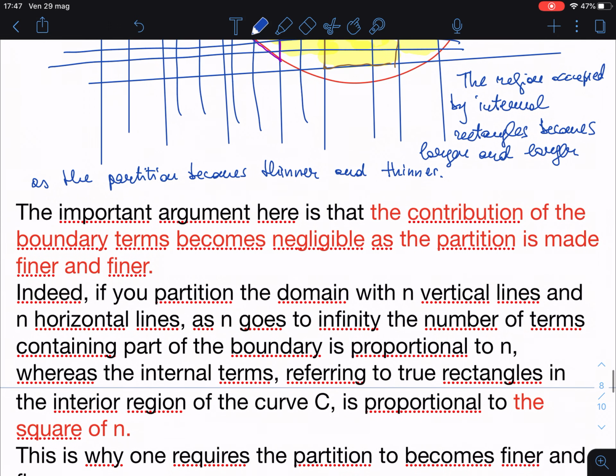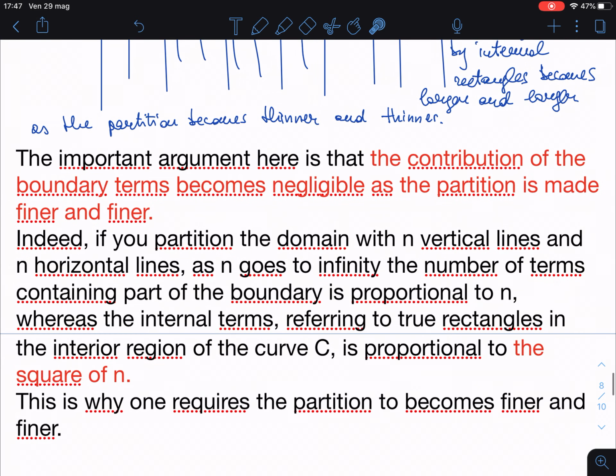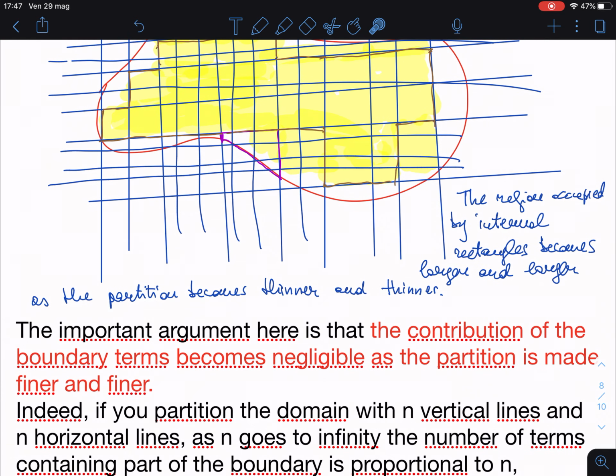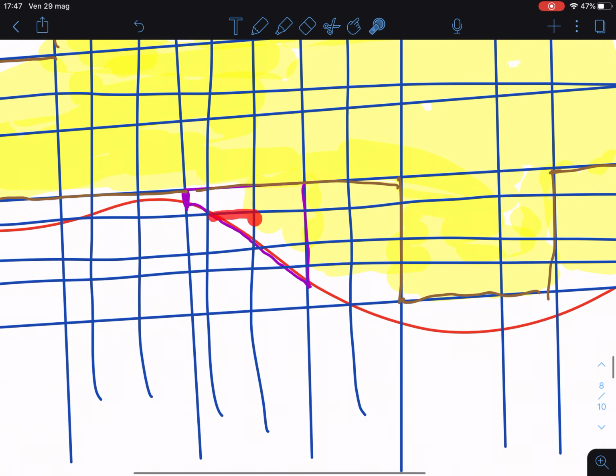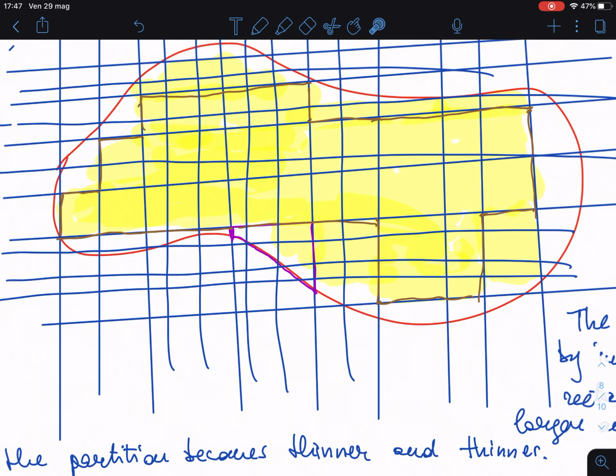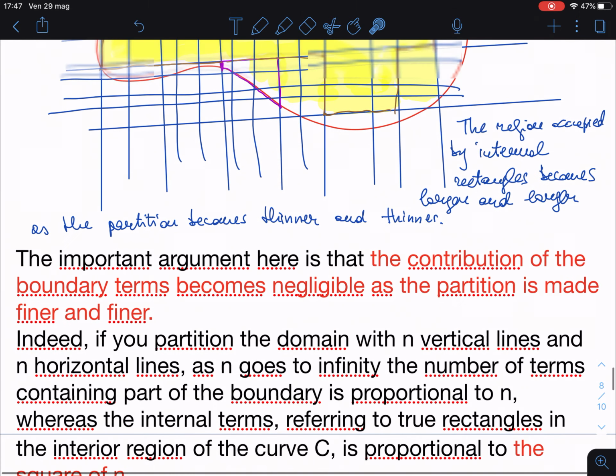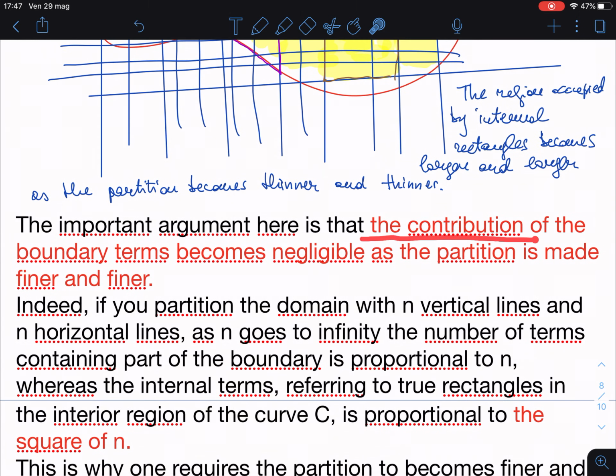And now let us write what I wrote 10 minutes ago. The important argument here is that the contribution of the boundary terms, which means the terms like this one, with one side on the boundary where our previous computation does not apply, becomes negligible as the partition is made finer and finer.